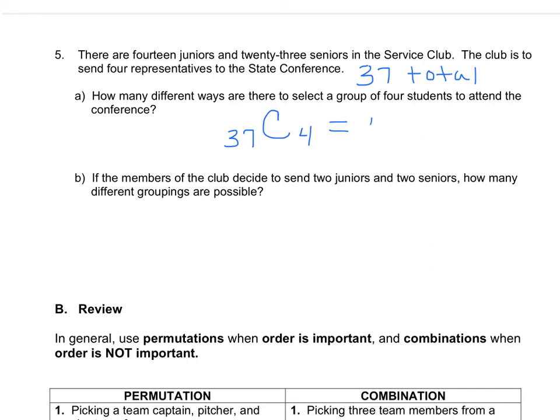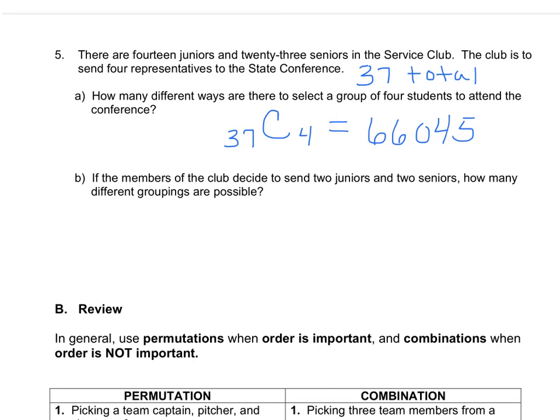All right, hopefully you ended up with 66,045. All right, part B. If the members of the club decide to send 2 juniors and 2 seniors, how many different groupings are possible? Now there's some specifications on what they want to send, okay?